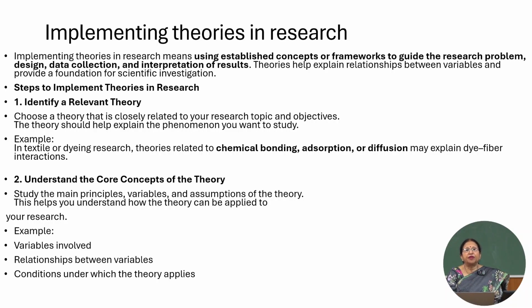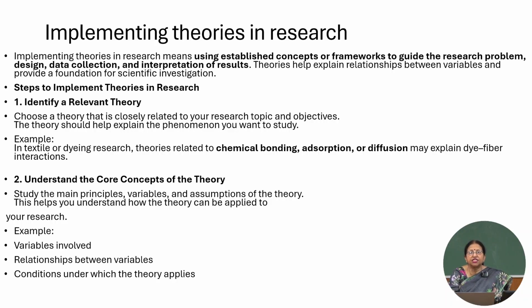Steps to implement these theories in research. One is identify a relevant theory. Choose a theory that is closely related to your research topic and objectives. The theory should help explain the phenomena you want to study. For example, in textile or dyeing research, theories related to chemical bonding, adsorption, or diffusion may explain dye fiber interaction.